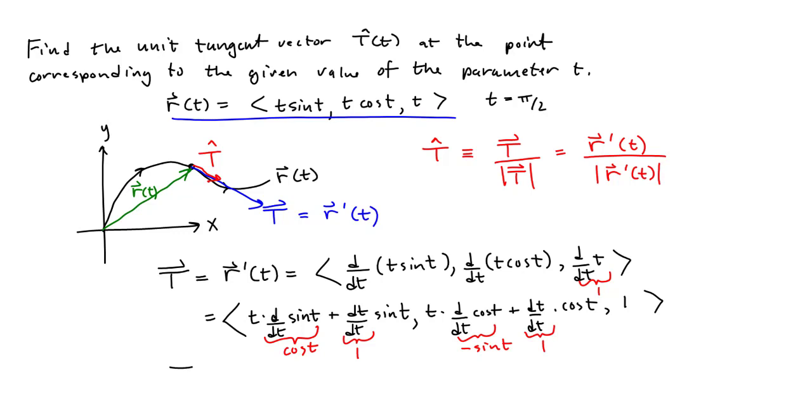This means that the tangent vector has components of t cosine of t plus sine of t, and minus t sine of t plus cosine of t, and 1.